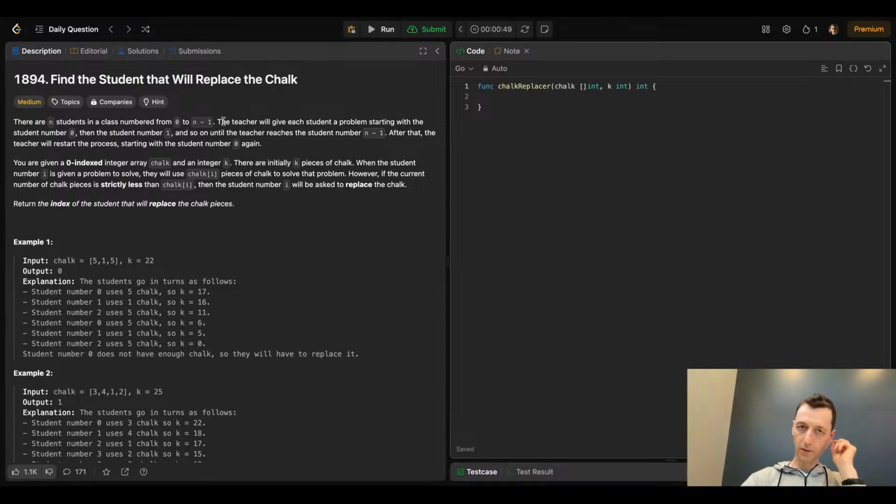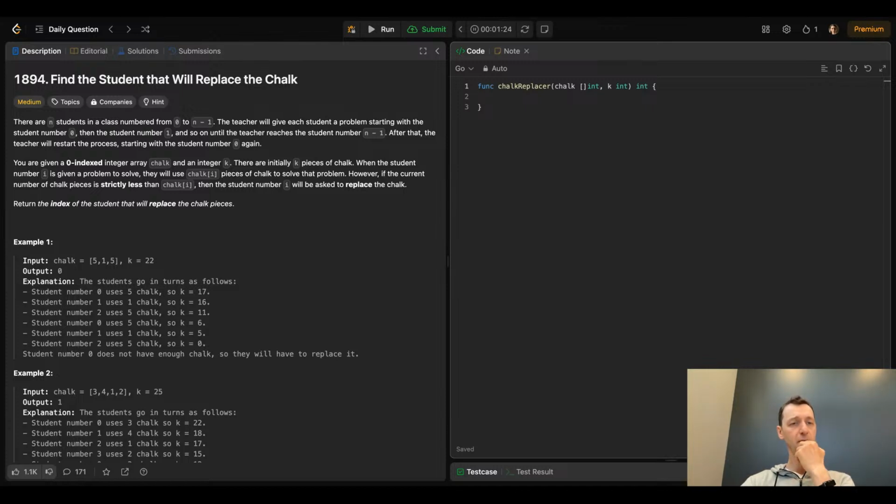The teacher will give each student a problem starting with student 0, and then student number 1, and so on until the student number n minus 1. After that, the teacher will restart the process starting with student 0.